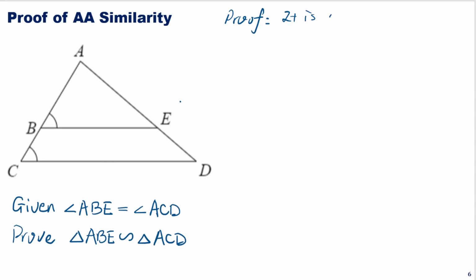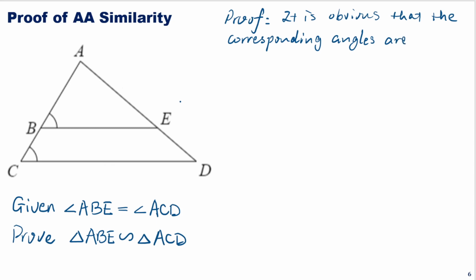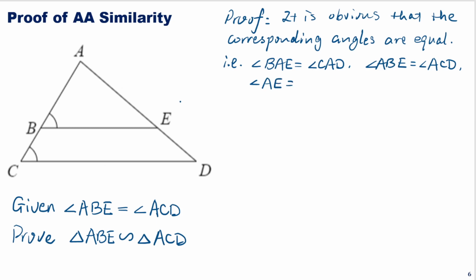You can say it is obvious that the corresponding angles are equal, which means angle BAE equals angle CAD, angle ABE equals angle ACD, and angle AEB equals angle ADC, right? This is obvious.